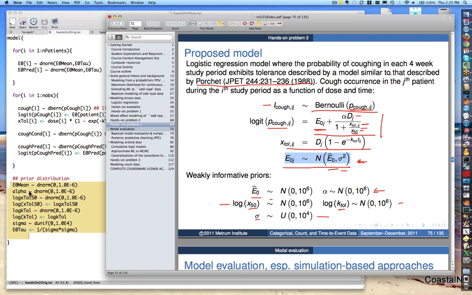Same thing for alpha. And then you can see we've got things like the log of what I called xtol 50 here, called x50 on the right-hand side. Again, that's our normal 0, 10 to the minus 6th. Same idea for the k-tol, our rate constant in there.